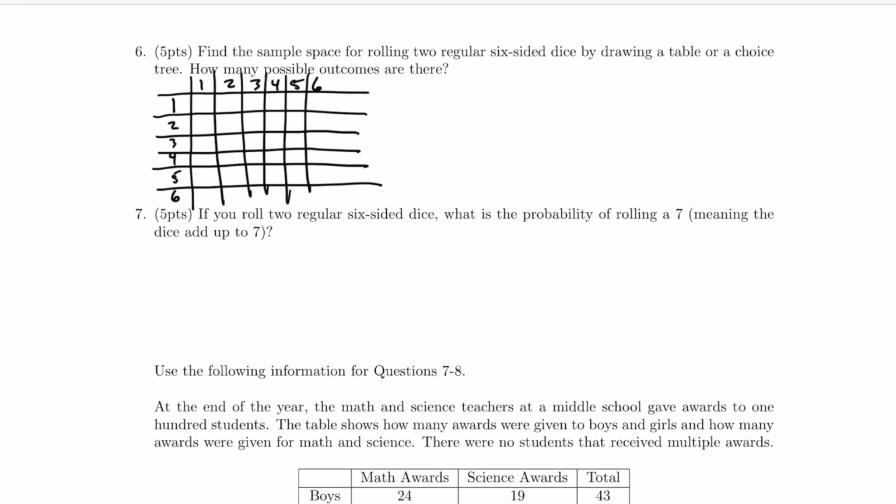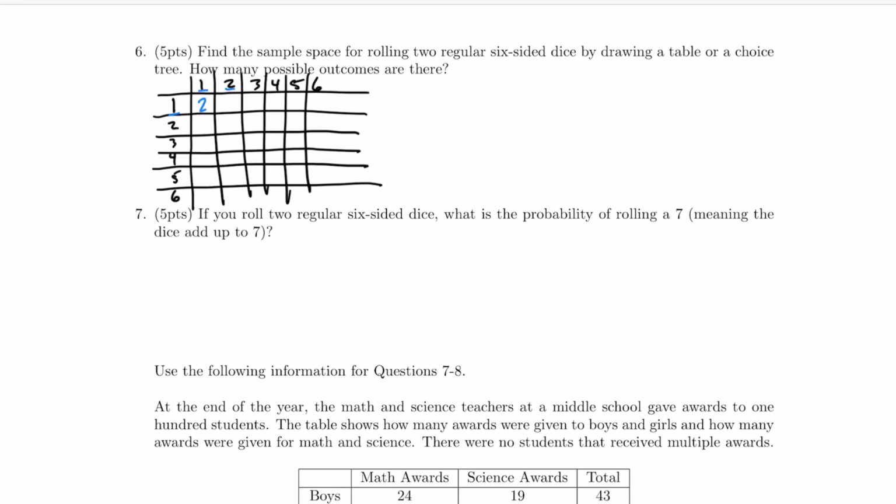Okay, and then I'm going to write out the individual outcomes, because on question 7, I'm going to try to find the probability of rolling a 7, meaning that the dice add up to 7. So I'm going to add up what all of these outcomes work out to. If I roll a 1 and a 1, that gives me a total of 2.